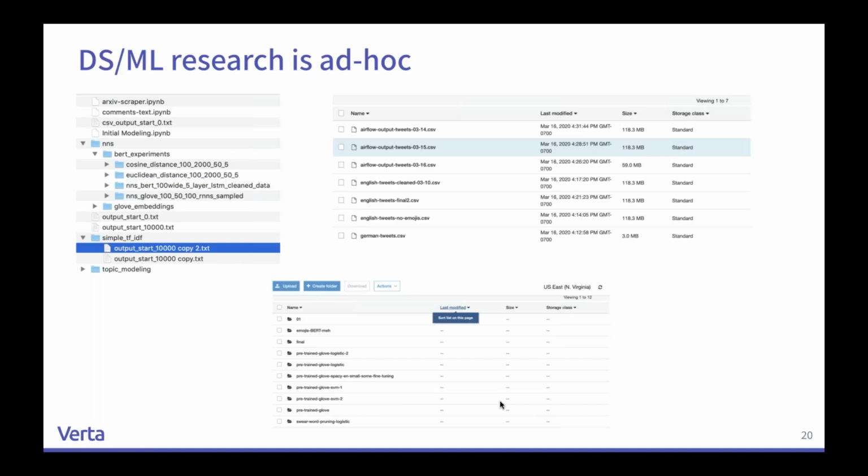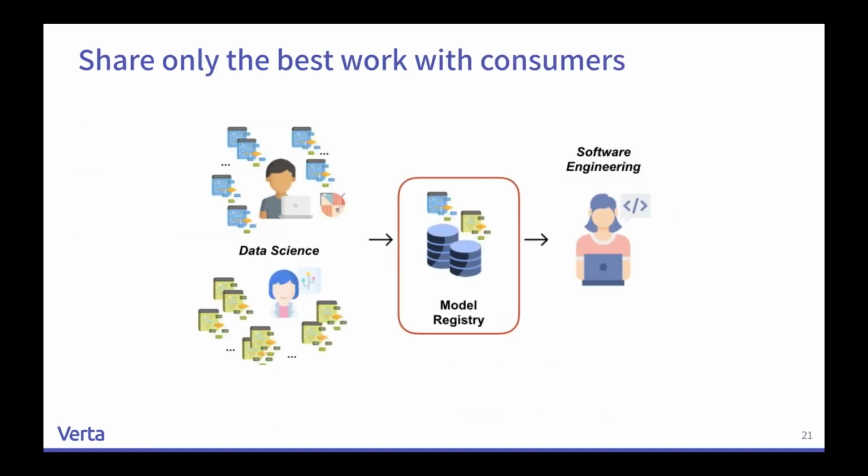And while experiment management systems like ModelDB can help, what a model registry really helps you do is share only your best work with consumers. The thousands of models that you build during hyperparameter searching are not relevant to the software dev who's going to use your model to build the next Alexa or the next Siri.